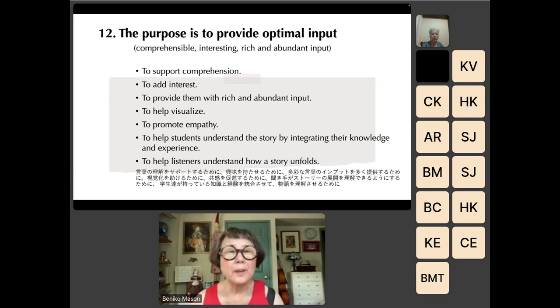The reason why we draw pictures is because we want to support comprehension. We want to add interest, to provide them with rich and abundant input, and to help visualize and to promote empathy.